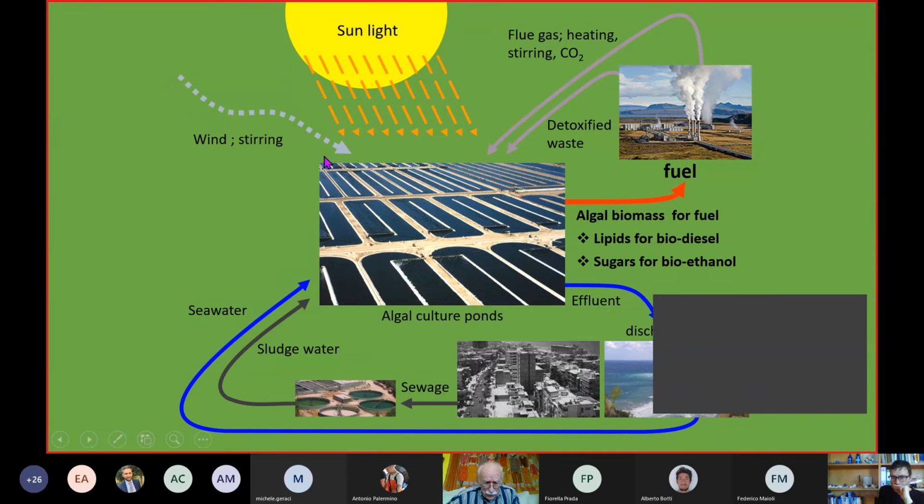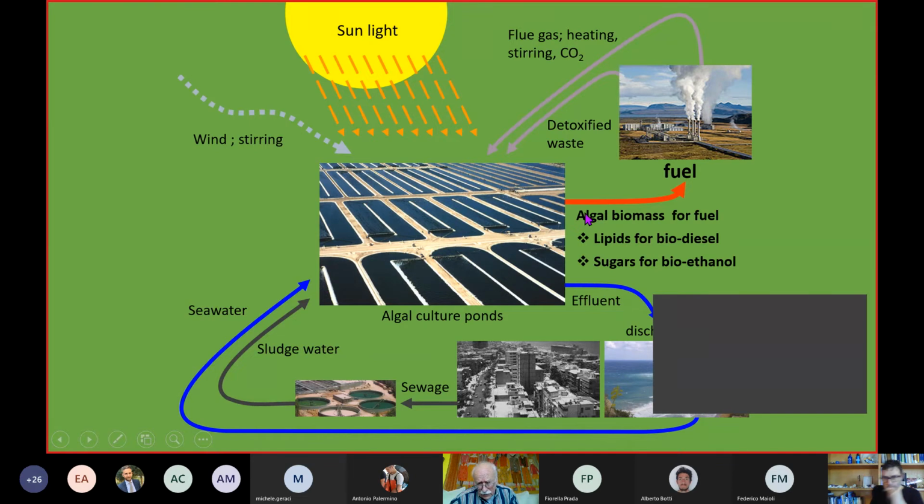So you can use wind stirring, you put in seawater, you put in sewage as a nutrient source, and the result is that the whole system treats water, so now you can discharge the effluent after the algae removed virtually the nutrients, so it doesn't cause eutrophication of the receiving waters, let's say marine coastal waters or rivers or whatever, and that water can be recycled into the culture system.